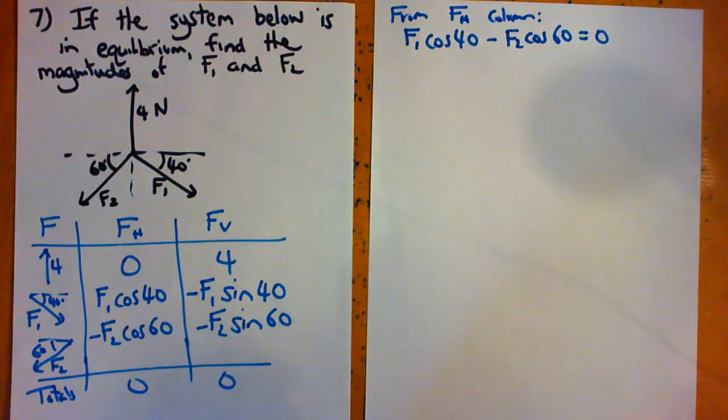Now that has two unknowns, F1 and F2, and our equation from the FV column will be likewise.